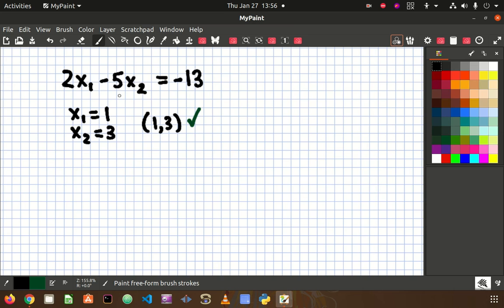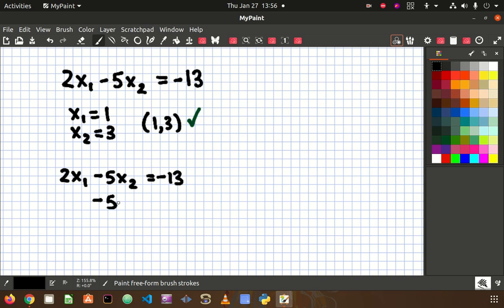Well, are there any other solutions to the system? Well, yeah, there's actually infinitely many in this case. What we could do is this. We could take our equation and solve for x2. That means to isolate. So if I take 2x1 minus 5x2 equals negative 13, first thing I'll do is I will subtract 2x1 from both sides.